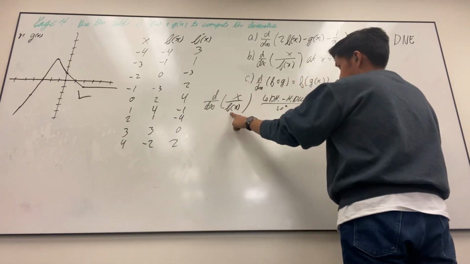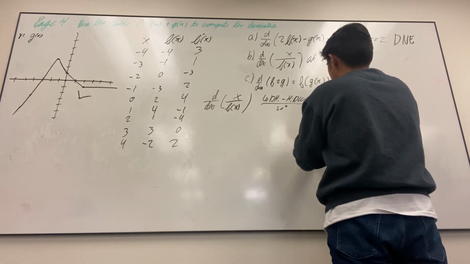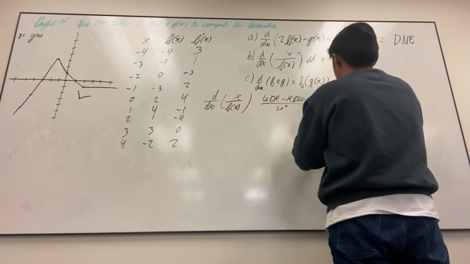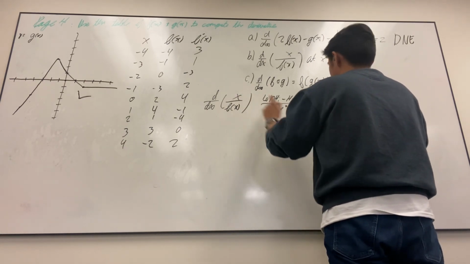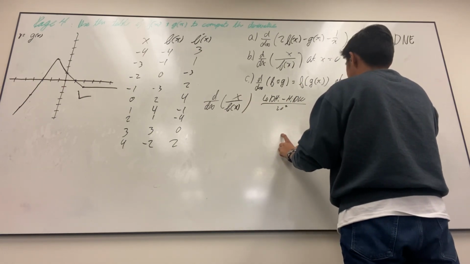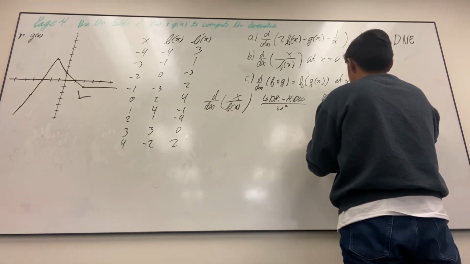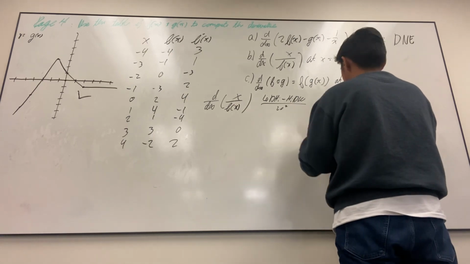This means you take the denominator, f of x, which is your low, times the derivative of the top function, which is x, so the derivative of x is 1, minus the top function x times f prime of x over f of x squared.